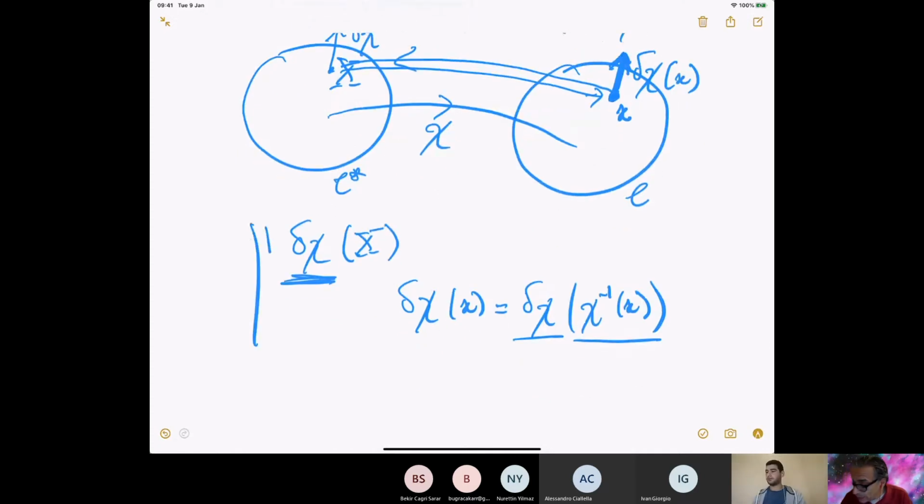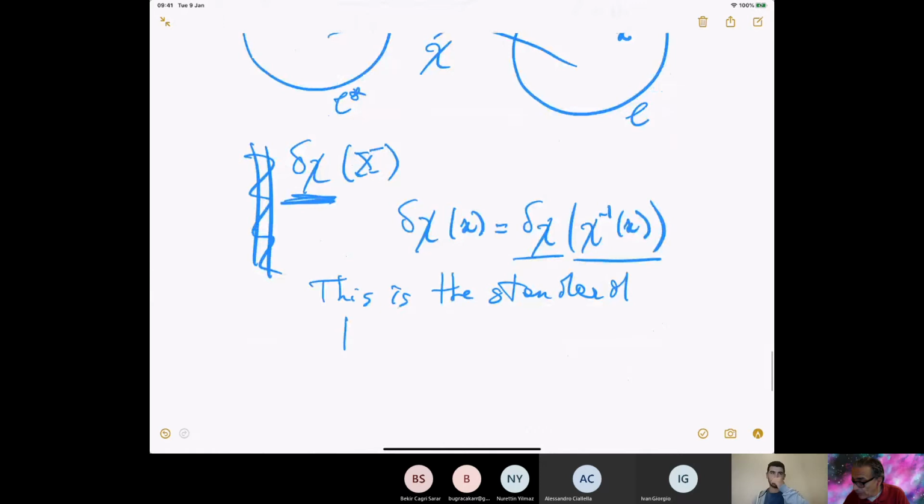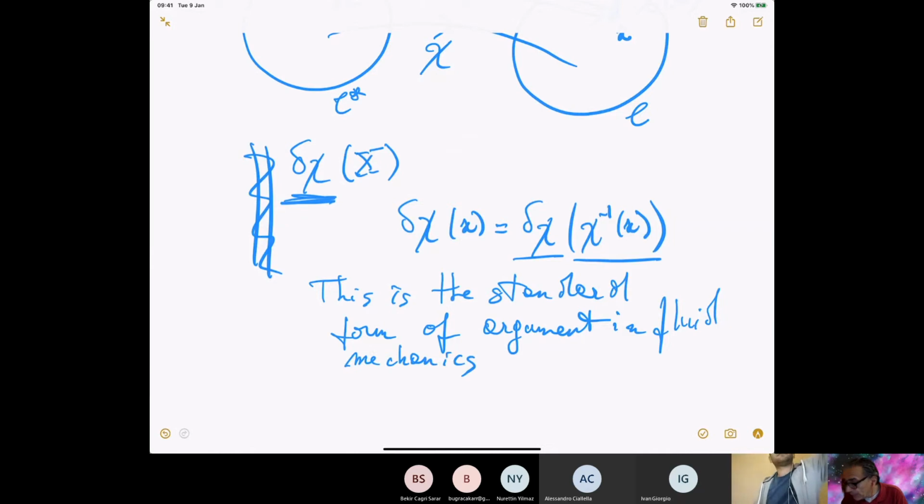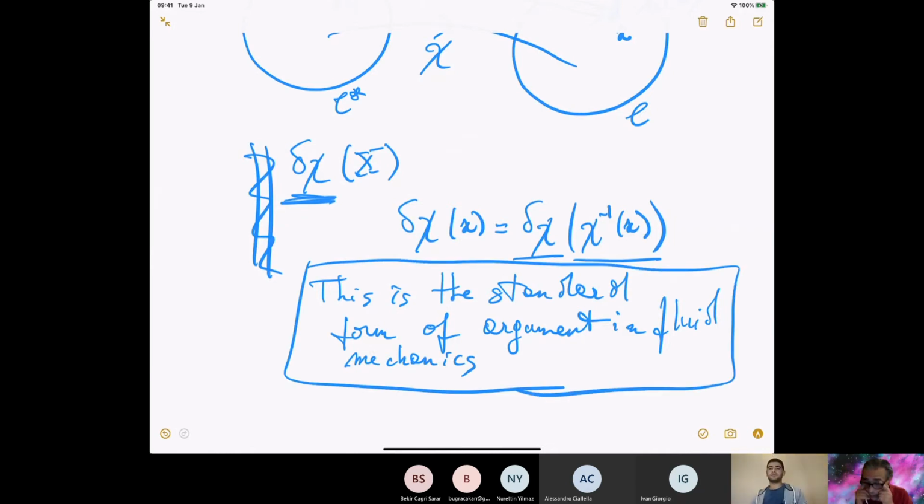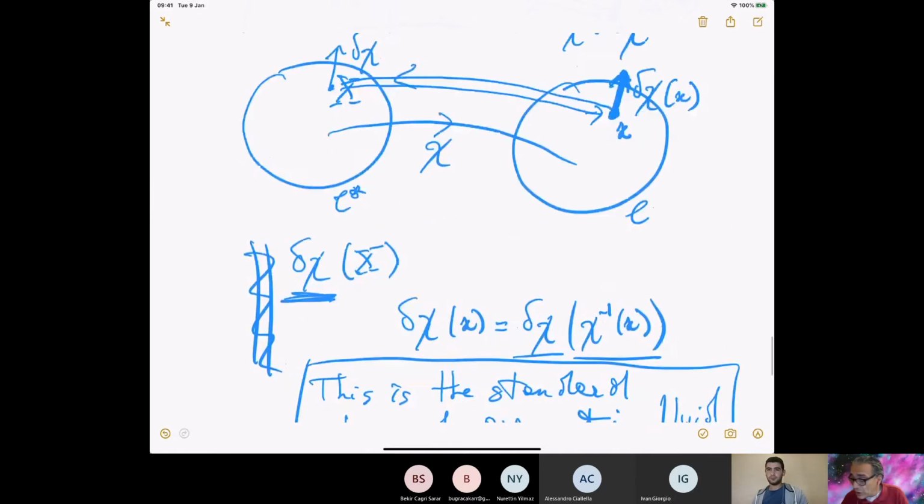Please be careful in understanding this reasoning, because this is the standard form of argument in fluid mechanics, which is rather difficult to understand if you don't follow carefully the change from Lagrangian to Eulerian descriptions. Okay, very well.